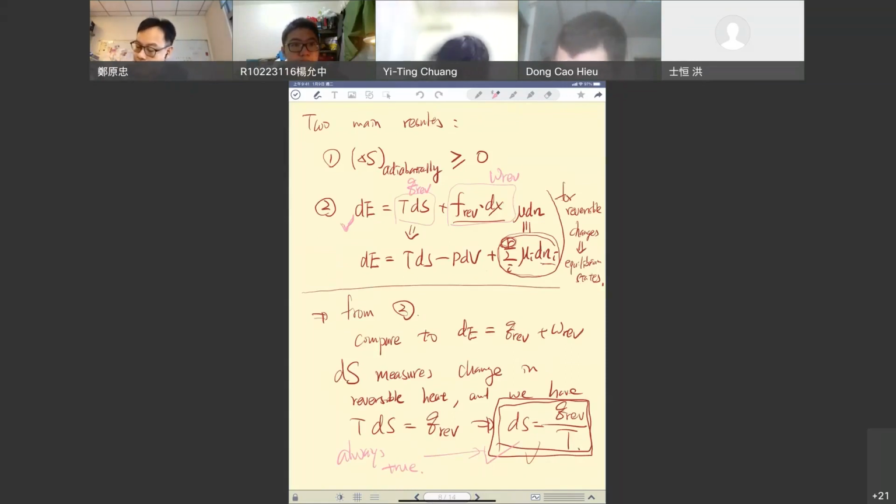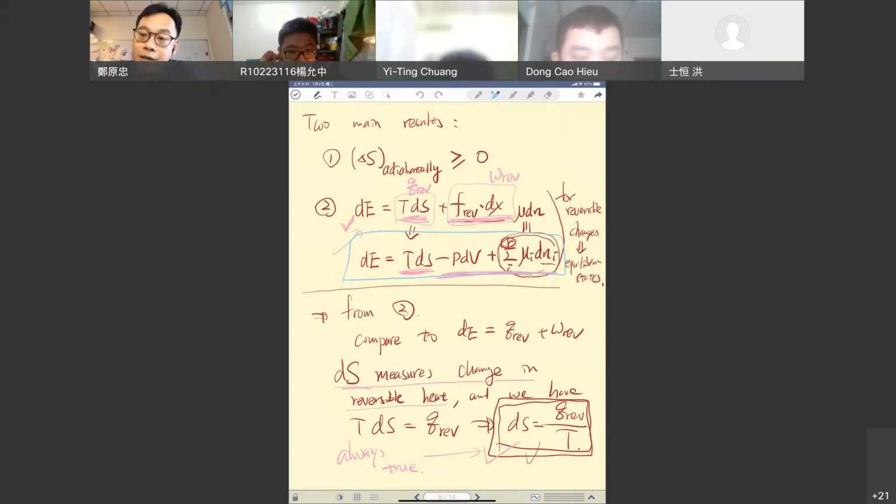And also this dS actually measures change in reversible heat. So basically this gives us the contribution from heat and the contribution from work. And why is that? Because when we arrive at this equation, the fundamental equation of thermodynamics, everything in this equation are state variables and state functions. They do not depend on the path.